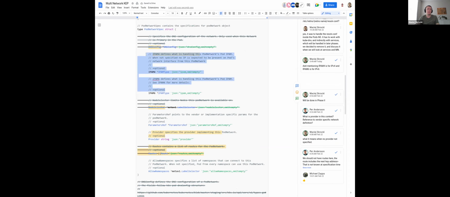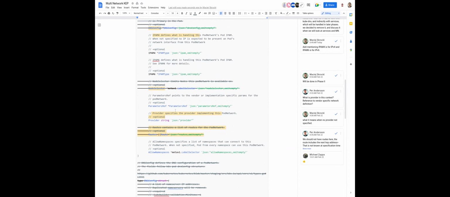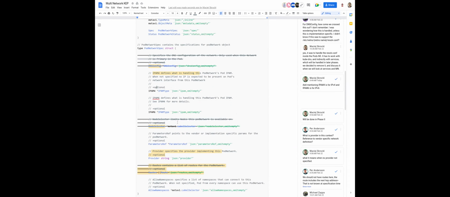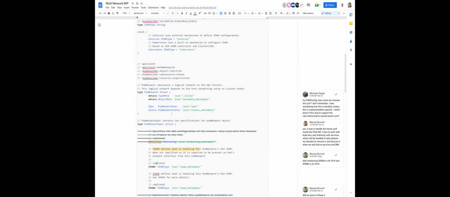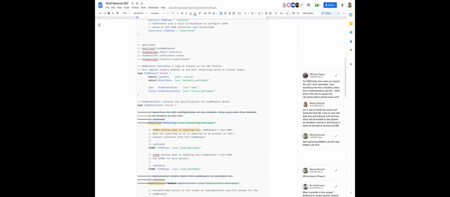Any other comments on this? I think this is now clear on what this does and what it means. Neha? Yeah. If the IPAM type is Kubernetes, how does it differ from the regular IPAM which CNI uses for allocating an IP to a pod?